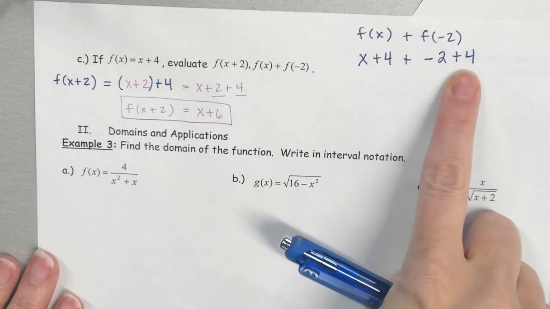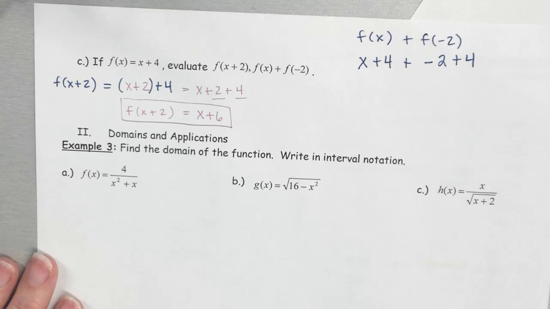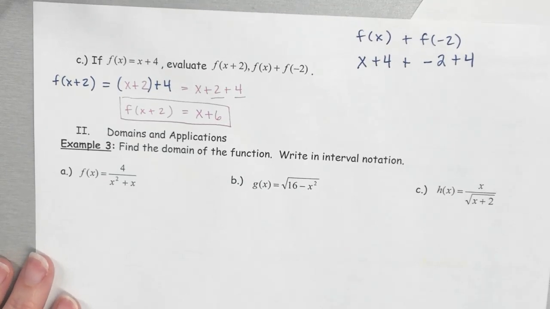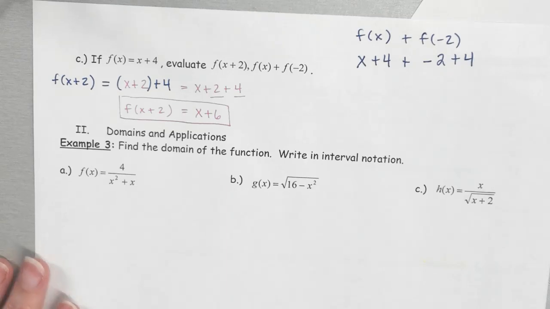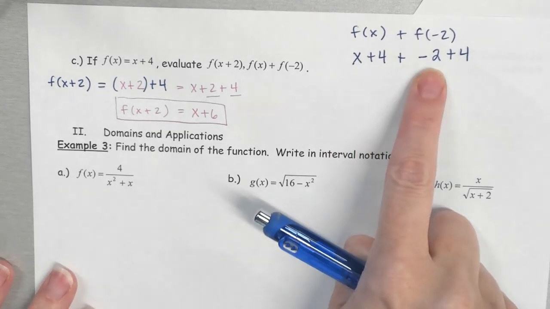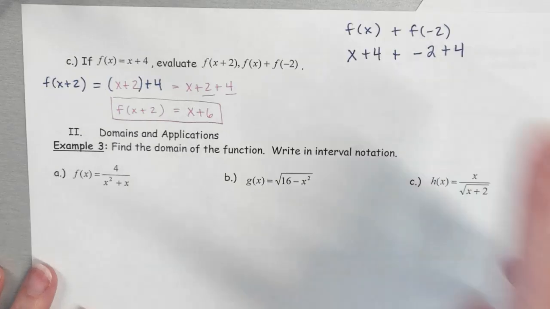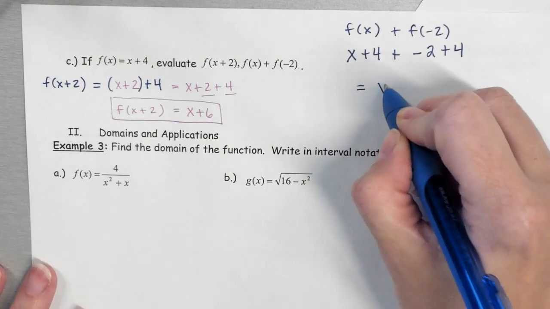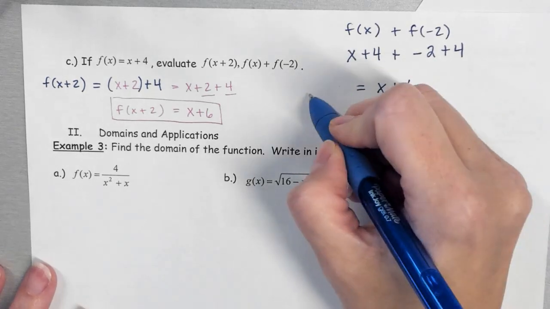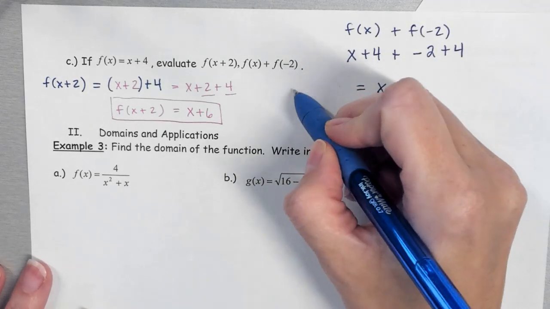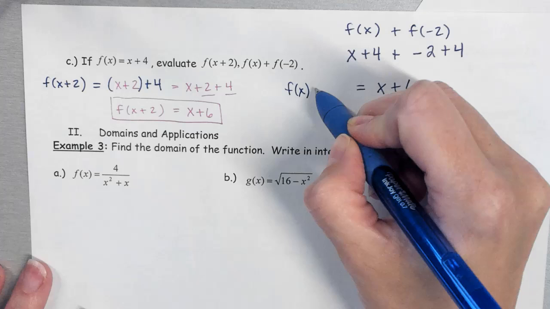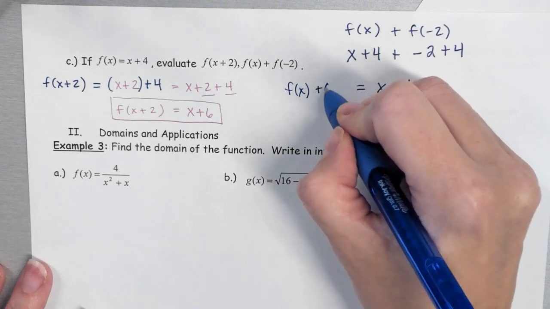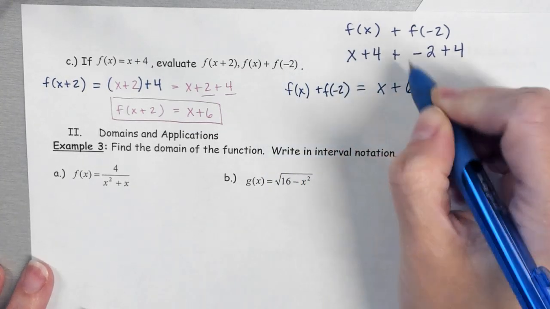So negative 2 plus 4 instead of x plus 4. And then you just need to combine your like terms. Okay, so 4 minus 2 is 2. 2 plus 4 is 6. And so in this case, they are equal. That does not always happen, where you'll get two that are going to give you the same output.